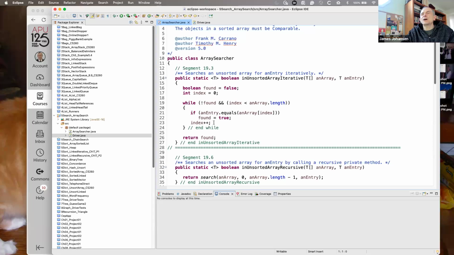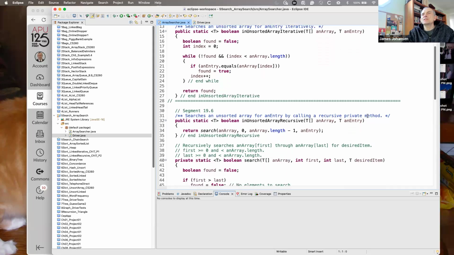We keep doing this until this conjunction becomes false. If there's multiple entries, we just need it to show that it's true for one, then we go out, finish that, and return the Boolean. So we're searching an unsorted array for an entry.